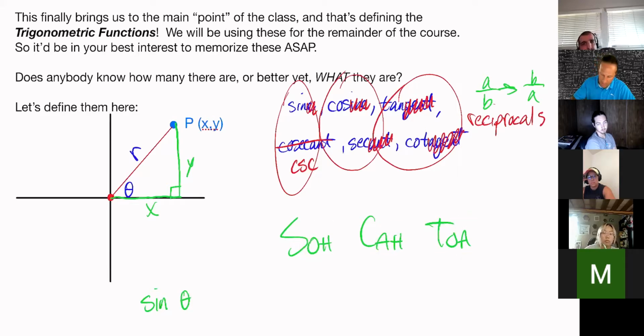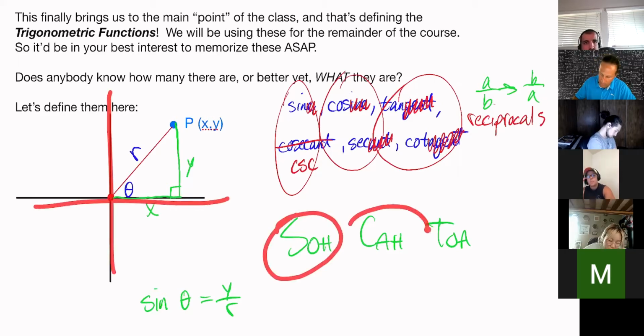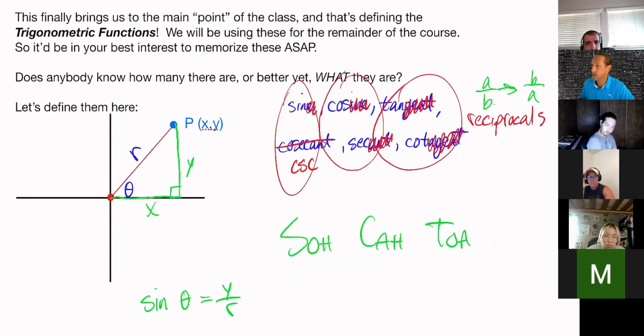So instead of just taking the opposite of that angle and the hypotenuse, which would be y over r, if we're on an xy axis. Okay, if we don't have the x and the y axis, then yes, you will still use what you used in geometry. But now I need you guys to memorize these.